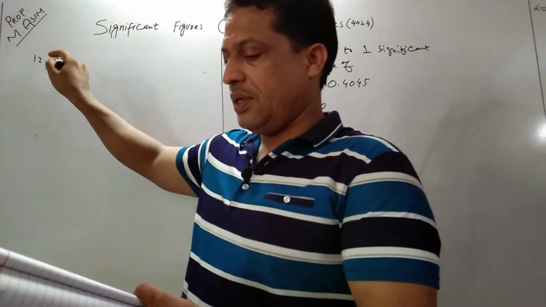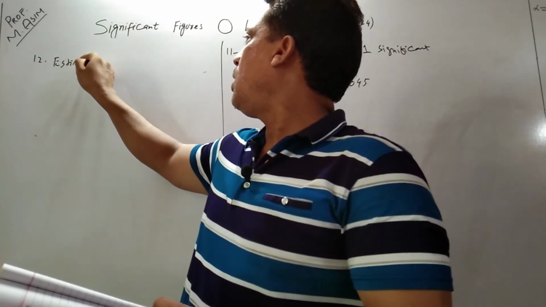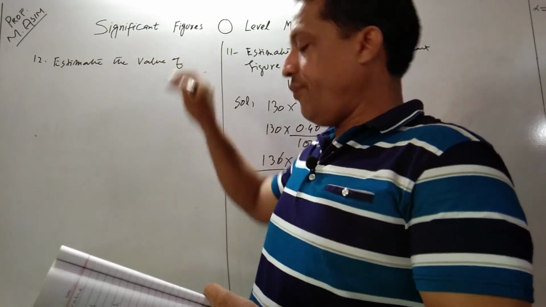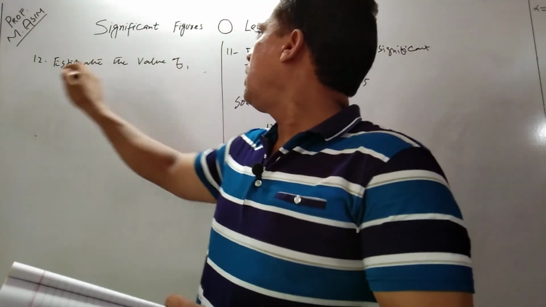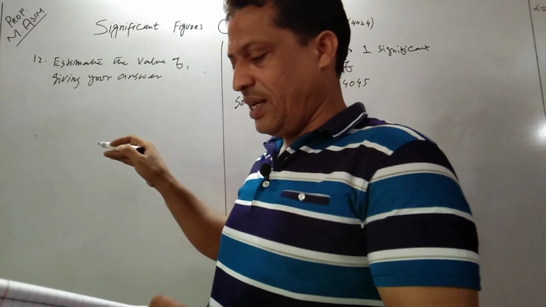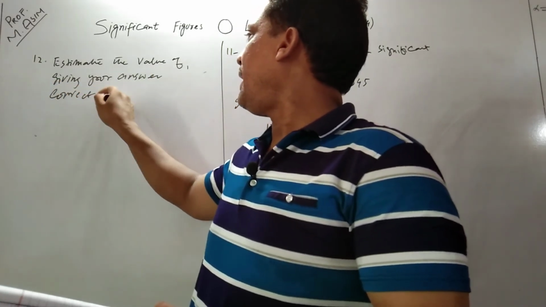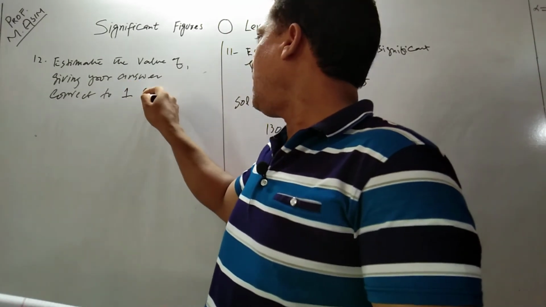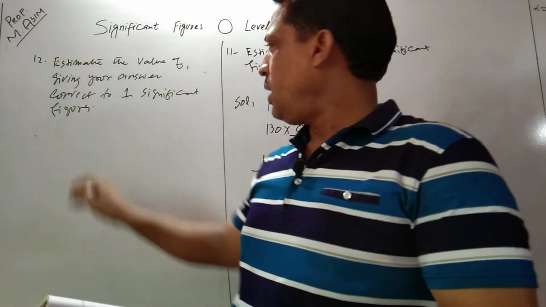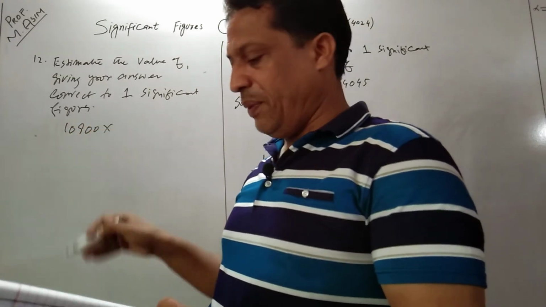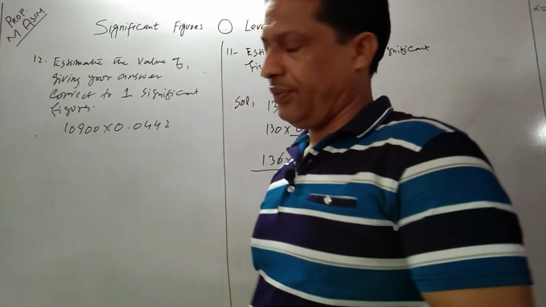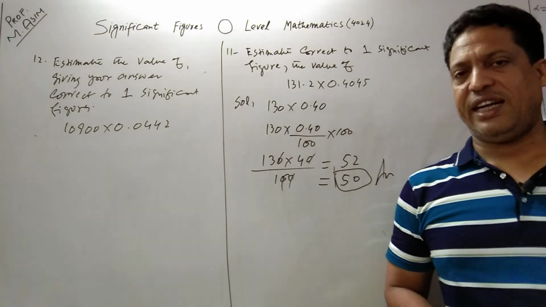Question number 12 is, estimate the value of, giving your answer correct to one significant figure. 10900 multiply by 0.0442. So first we have to estimate, then we have to give the answer in one significant figure.